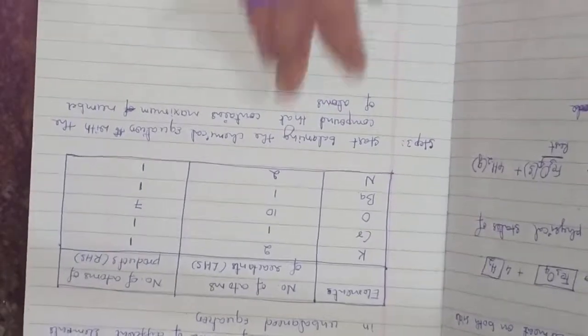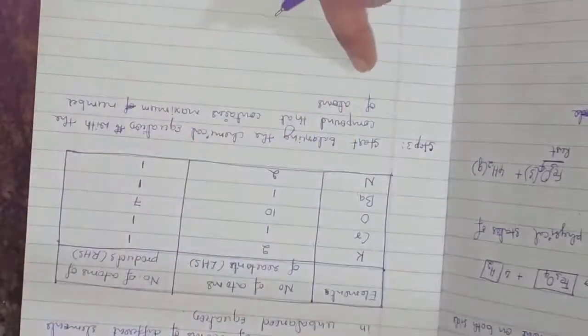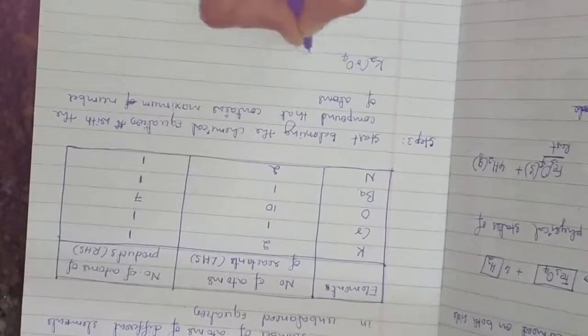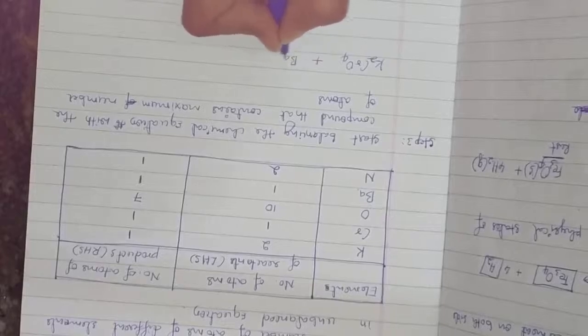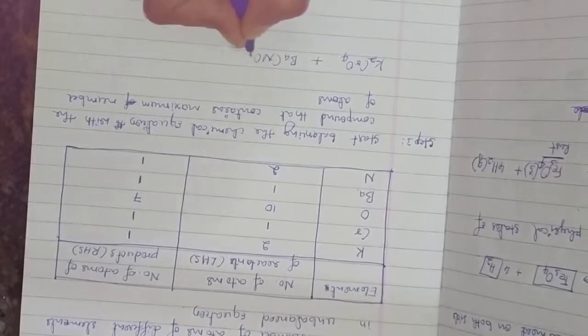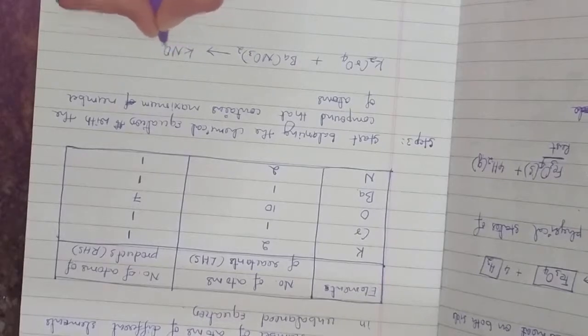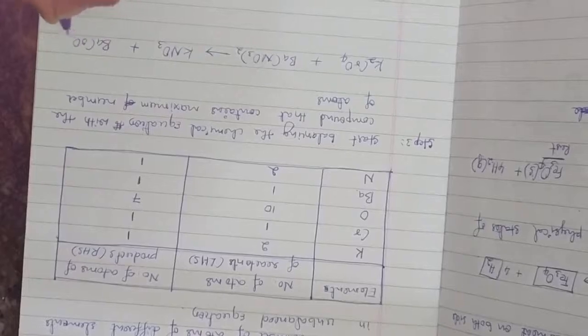First we will write this equation as it is here: potassium chromate, barium nitrate reacts to give potassium nitrate and barium chromate.